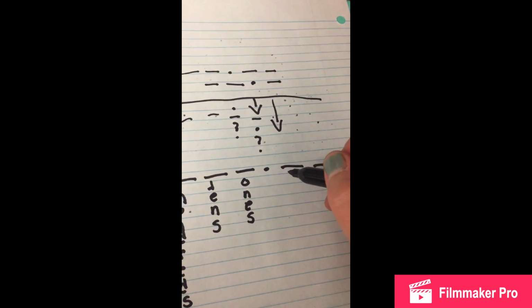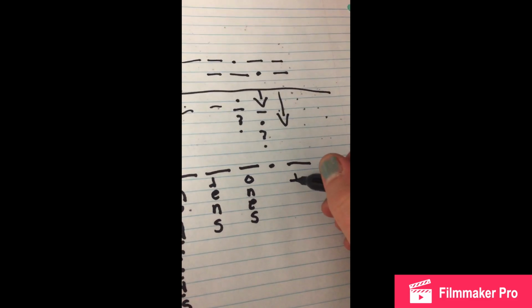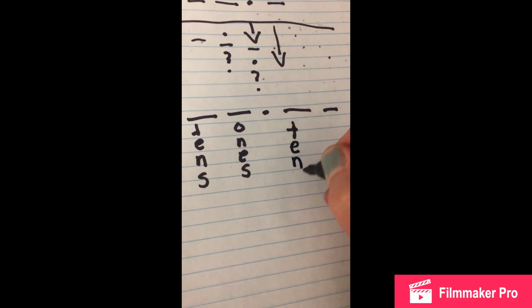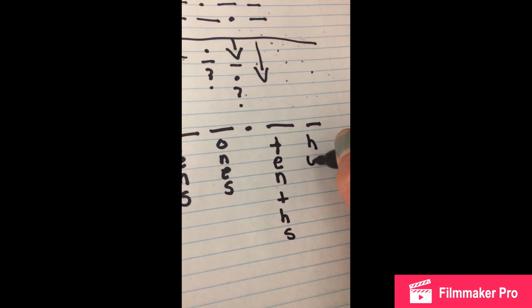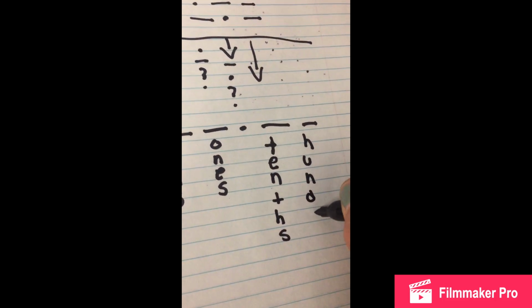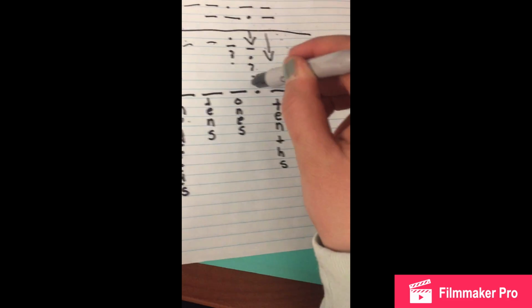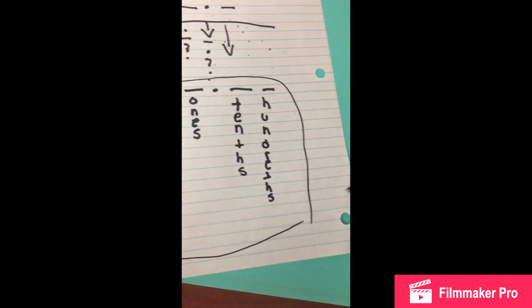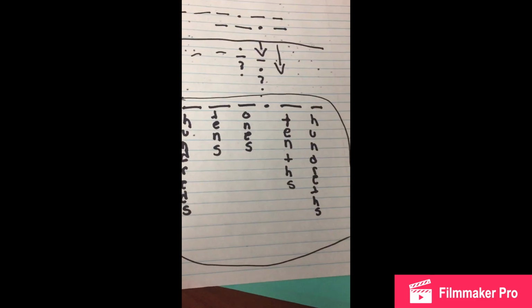And then on the right side of the decimal is the tenths, and then this is the hundredths. As long as your students can understand this concept right here and know the hundreds, tens, ones, tenths, and hundredths.